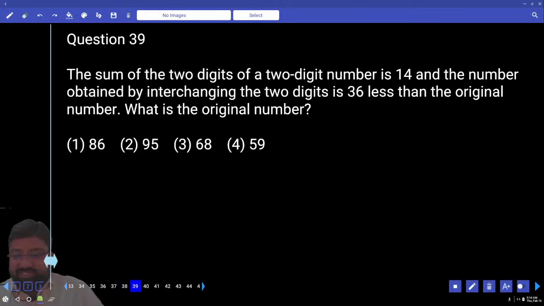The sum of the two-digit number is 14, and the number obtained by interchanging the two digits is 36 less than the original number.